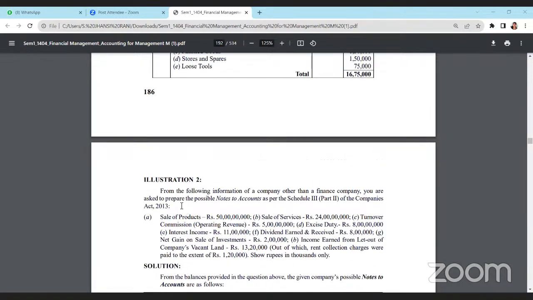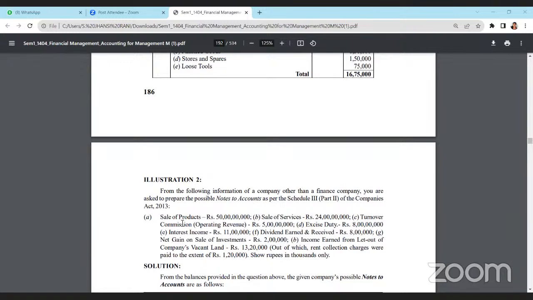Look here. From the following information of a company other than a finance company, you are asked to prepare the possible notes to accounts as per Schedule 3, Part 2 of the Companies Act. That is nothing but the profit and loss statement that has to be prepared.